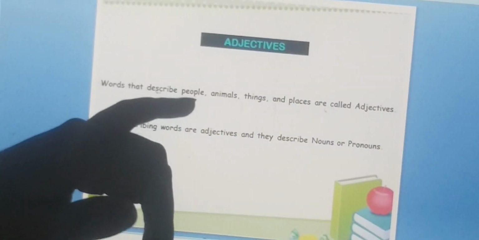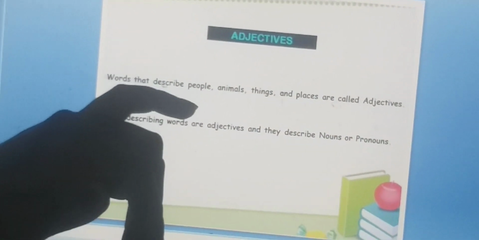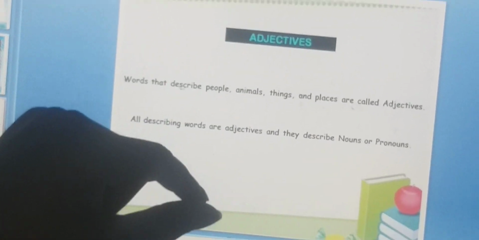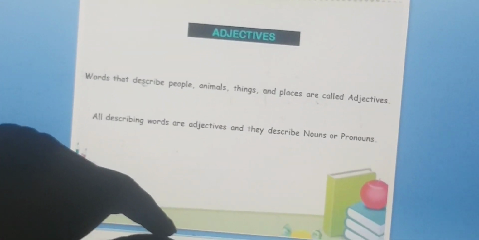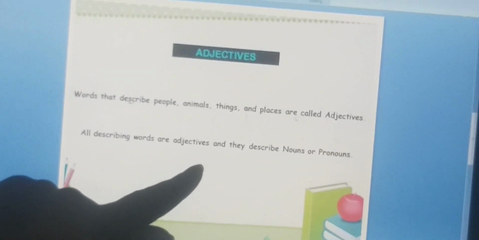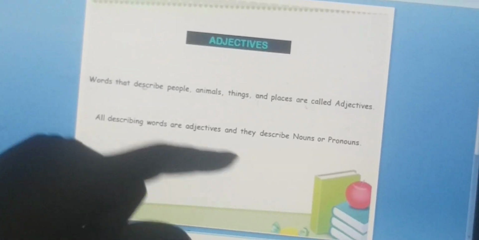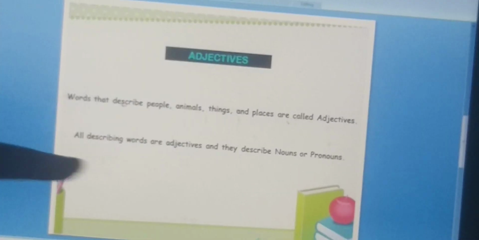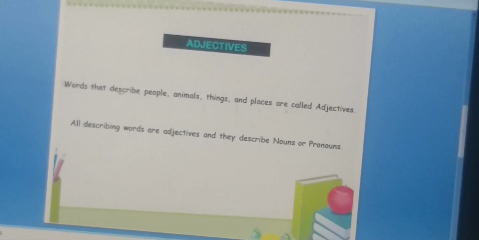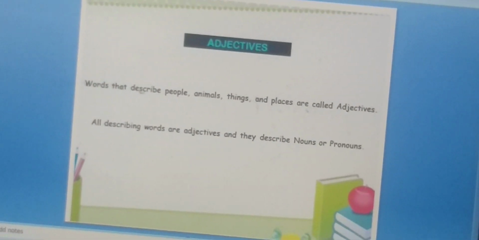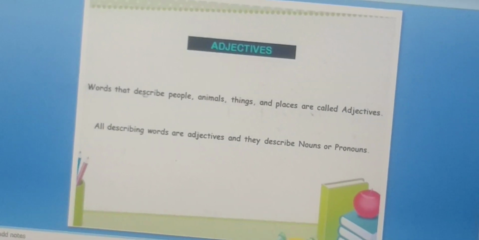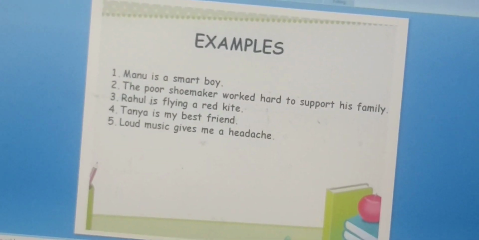Okay, now, adjectives are something that add value to a noun or a pronoun. All describing words are called adjectives because they describe how a noun or a pronoun is, what kind of a noun or a pronoun is. Now, let's move forward to the examples for better clarity.